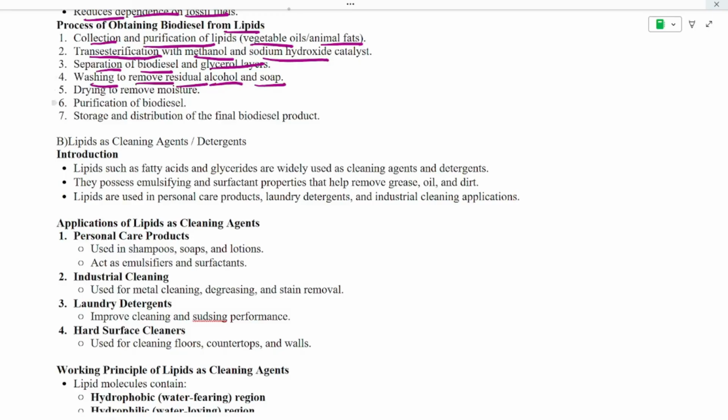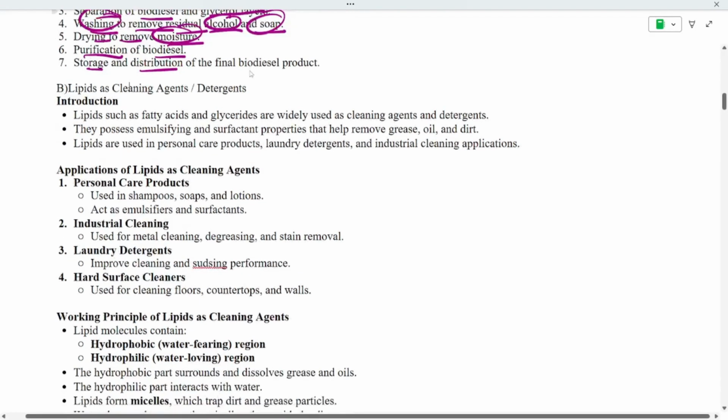When you wash it, water content will be there, so you dry it to remove the moisture. Purification of the biodiesel is done, then storage and distribution. This was lipids as biodiesel.